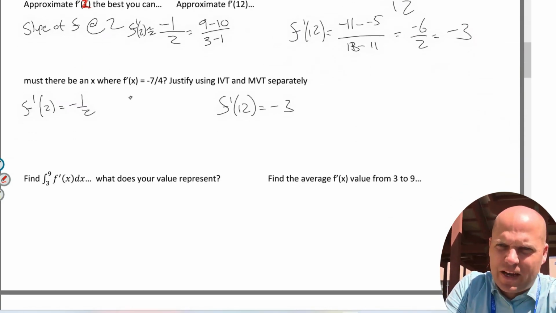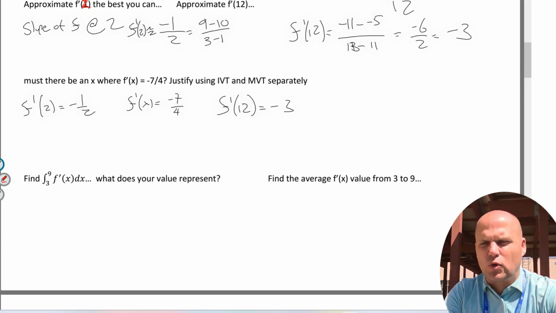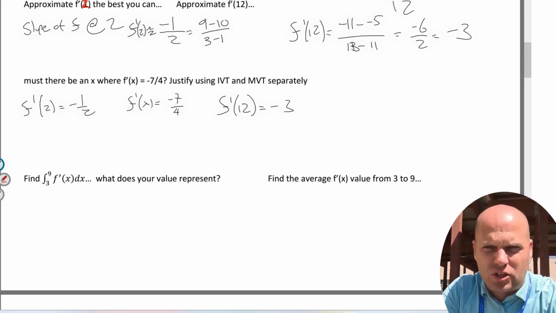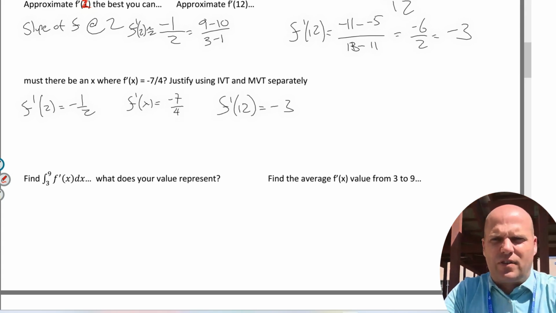There's got to be some x value that will produce a slope of -7/4, which is a slope in between these two values, -1/2 and -3.